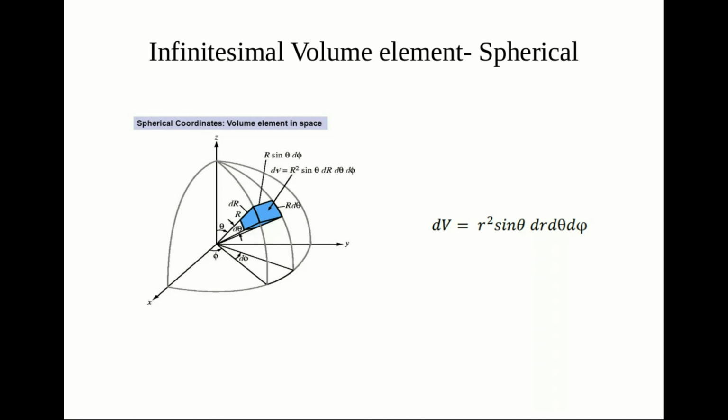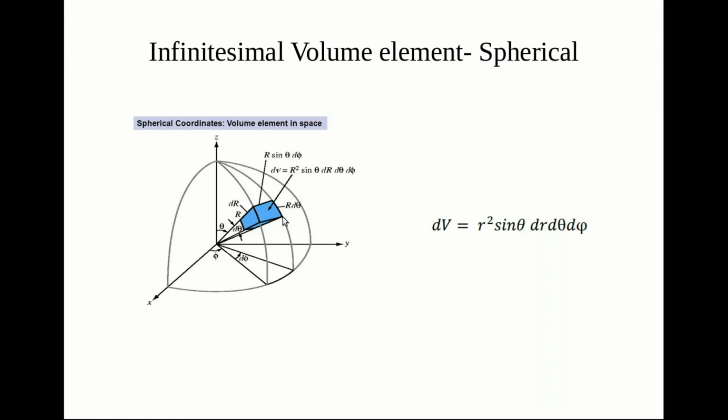Now look at the spherical polar coordinates. Similar to Cartesian coordinates, we can get it by multiplying the three infinitesimal displacement elements dlr, dl theta and dl phi. Look at this figure. This is the infinitesimal volume shown in blue color. Along this line we can say that r changes.